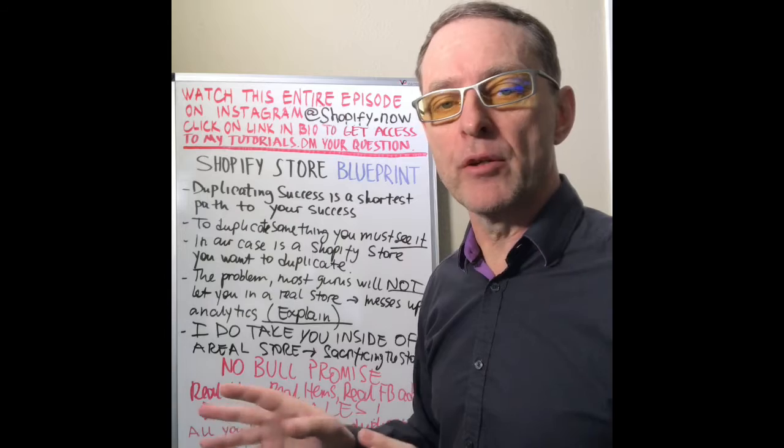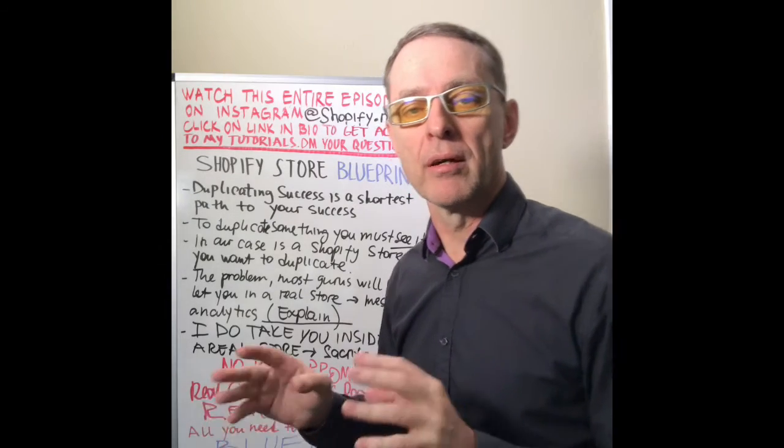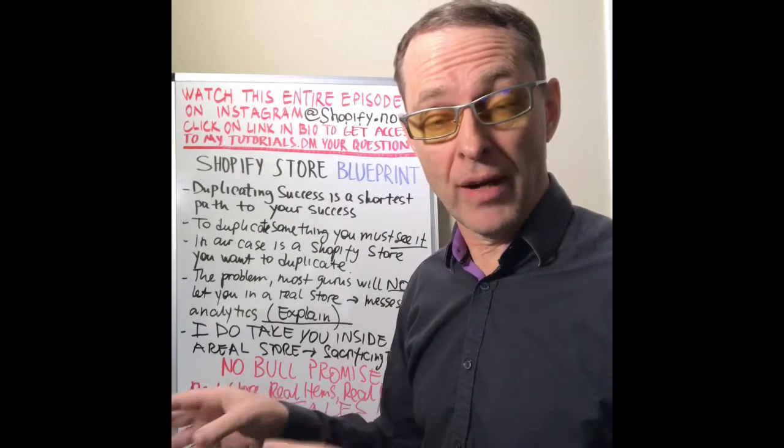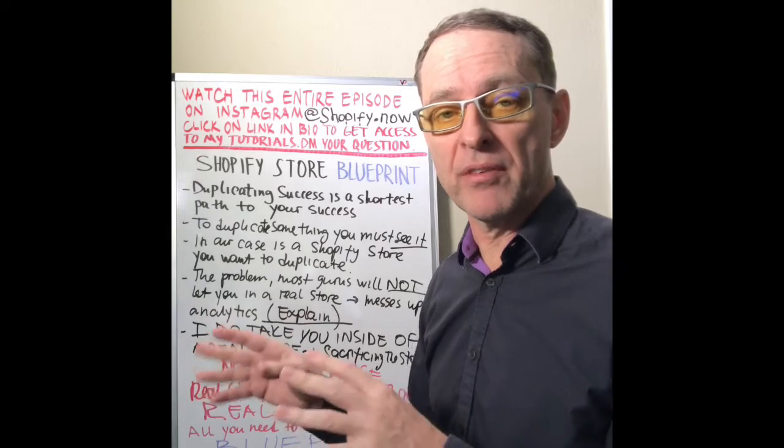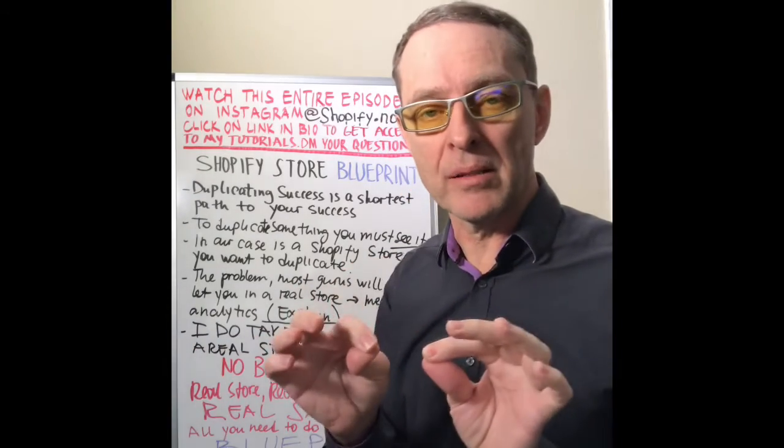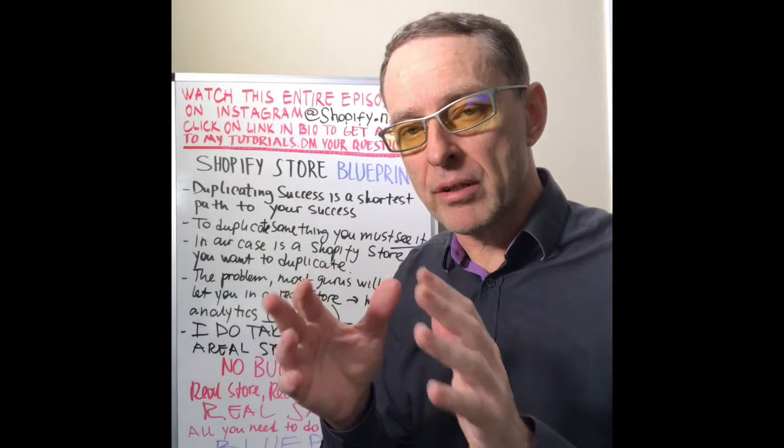The only thing is they don't show you, in real life, how to find items. Maybe they say it, but they don't show you the exact item. Unless you know the exact item and exact Facebook ad, you don't really know.